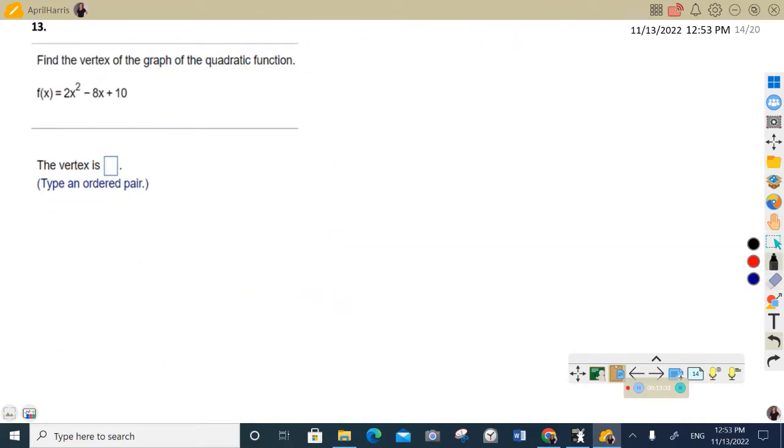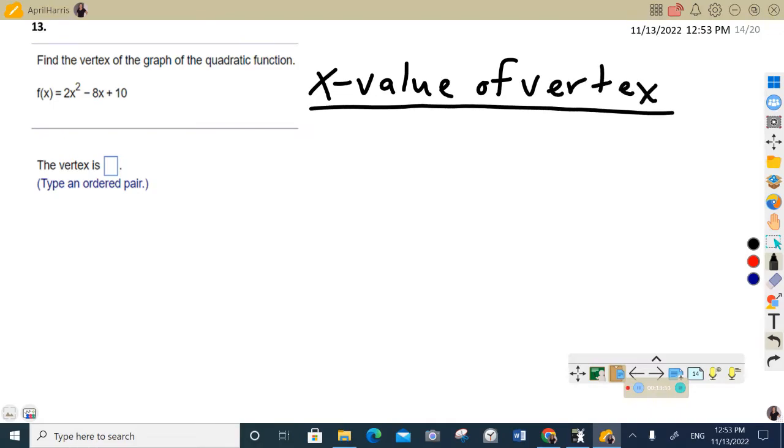Okay, question 13 says, find the vertex of the graph of the quadratic function. So this quadratic equation is given to you in standard form. So I'm going to use the formula to find the x value of the vertex. You need this formula: x equals negative b over 2 times a. That's part of the quadratic formula if you remember that.